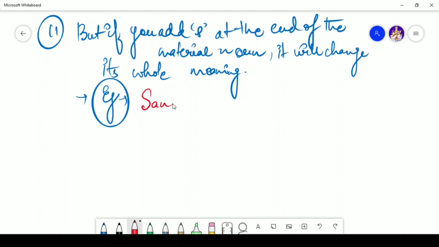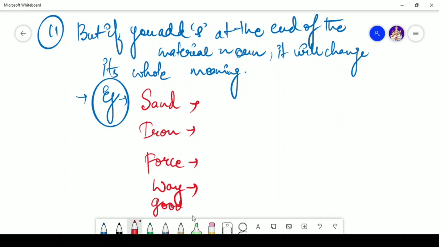Let's say, for example, if you talk about sand, iron, force, way, or good. Now sand, iron, force, way, good. If you add s, sands will be something else. If you say irons, it will be something else: she irons her clothes. Or forces, force is another thing, forces is another thing.